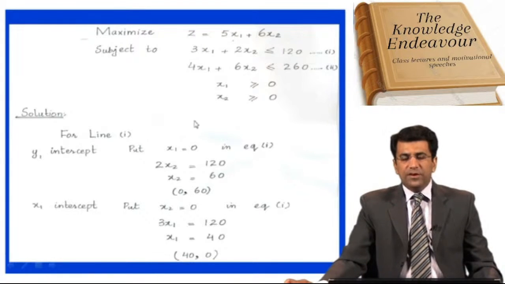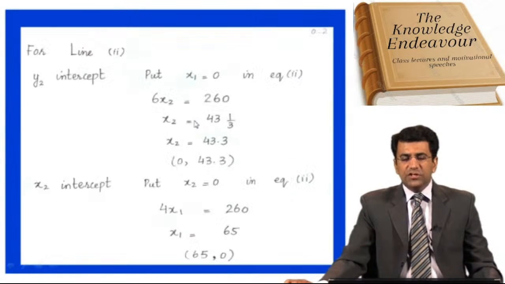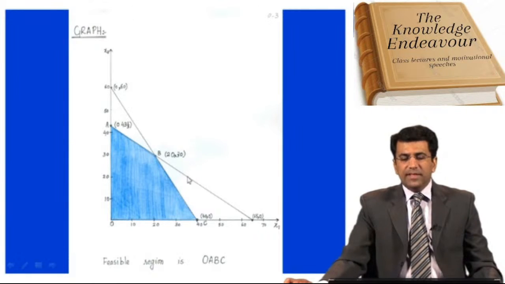It means when we draw this constraint as a line on this graph, the feasible area for this line should be below that line, and the feasible area for this line should be below this line. And we are interested in the common area which is satisfying both of these constraints.